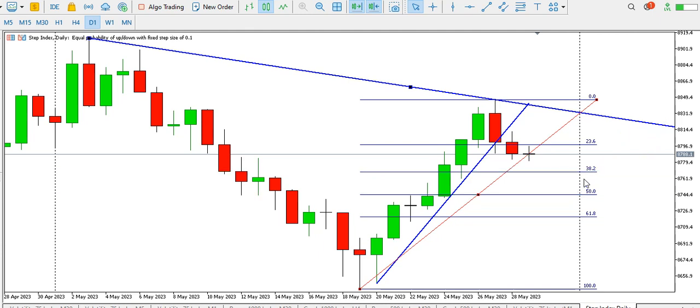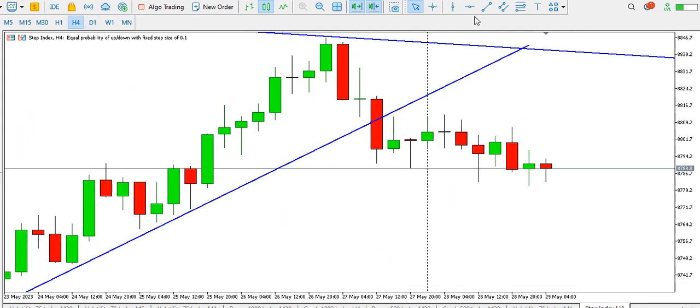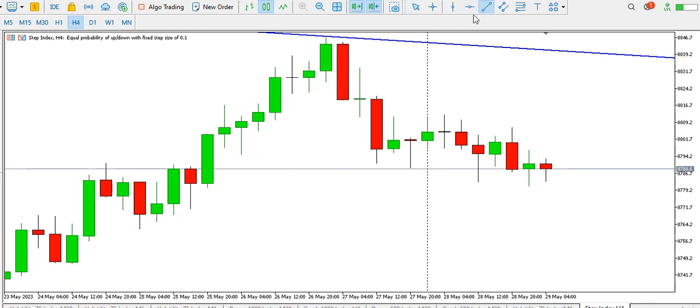Let's take a look at what we have on the 4-hour time frame for step index. Price is currently dropping on the 4-hour time frame. We have this descending trend line that is currently being respected by price.